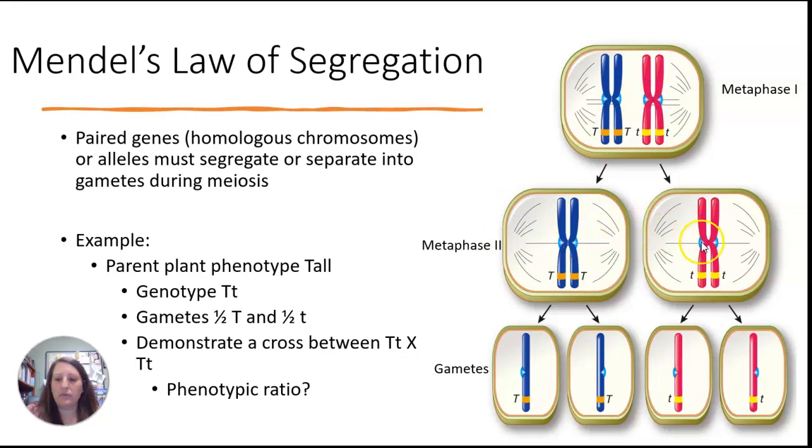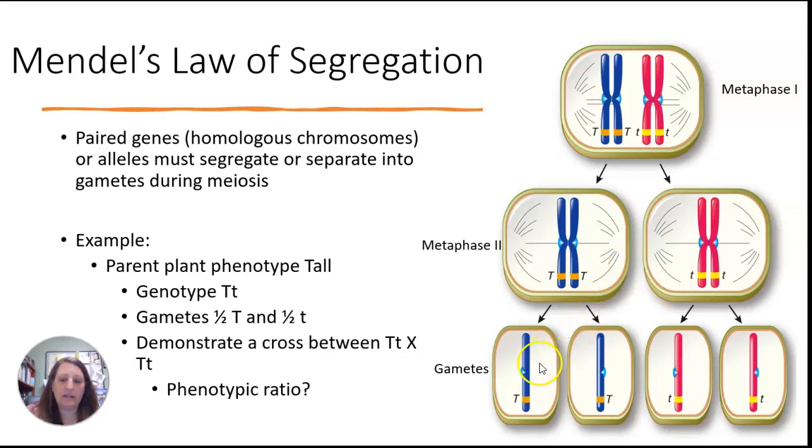So we end up with 2 cells, and each has its own chromosome. There's no more homologous pairs, they're in separate cells. This cell carries 2 chromatids, 2 sisters, that both carry the big T allele. And this cell carries, again, 2 sisters, 1 chromosome, that carry the little t allele. Meiosis 2 happens, right? This cell splits into 2.